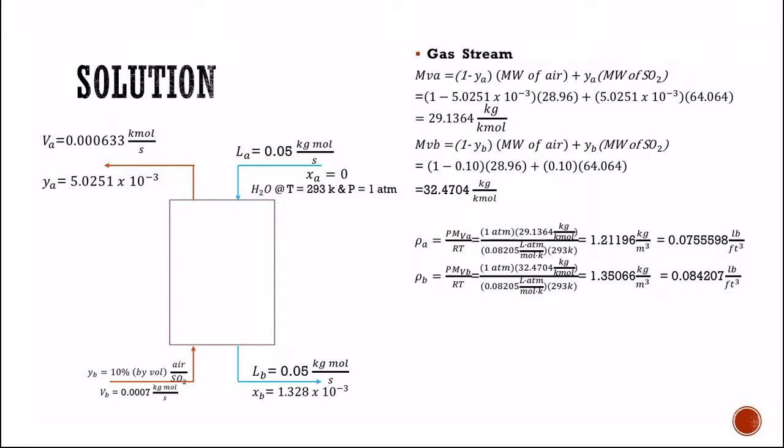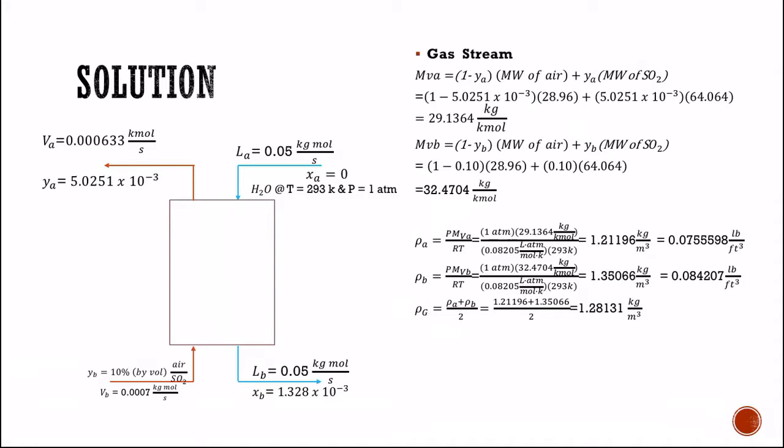And finding now the density at the product gas and the density at the feed gas, using the formula PM over RT and substituting their respective values, we get 0.075598 pounds per cubic feet and 0.084207 pound per cubic feet.